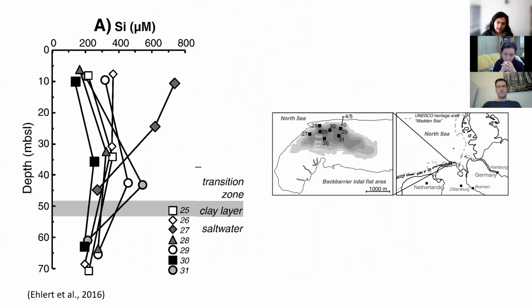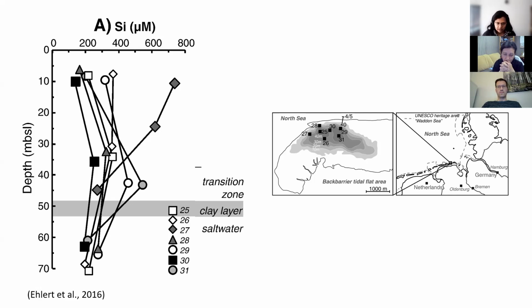However, when we look at studies that are actually trying to characterize, and there are only two that I know of, this marine SGD endmember and the delta silicon 30 value. This is a study off of the coast of Germany from Ellert et al. 2016.